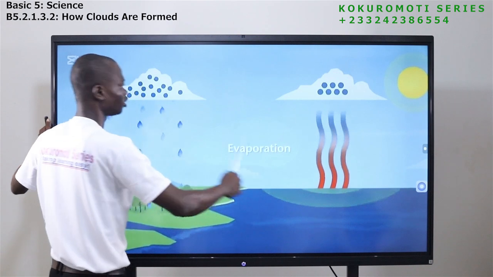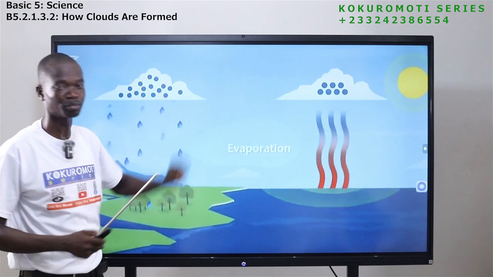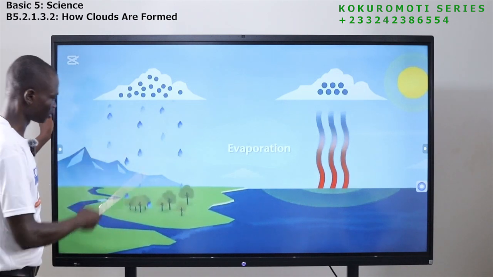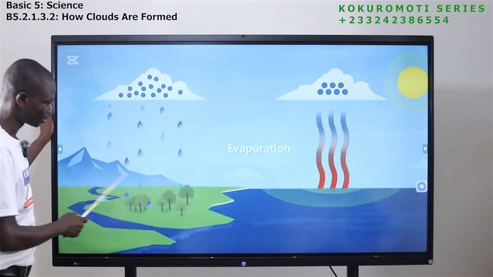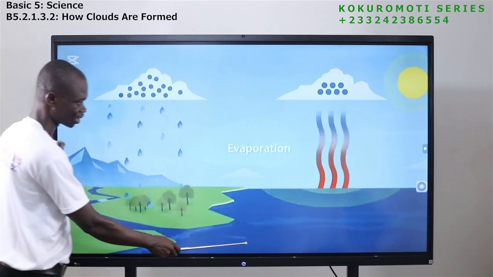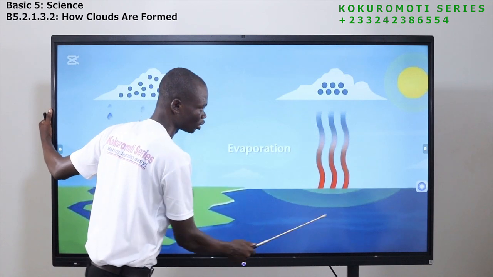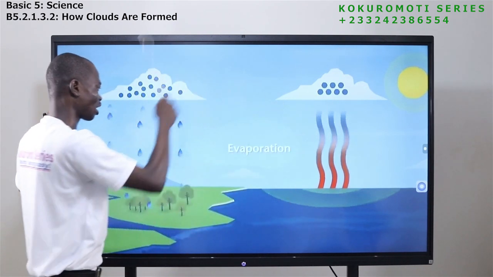also taking place here. When the content of the water in the atmosphere becomes so heavy, it comes down as rain. So you see it is raining here, it will get to the land and flow into water bodies. When it goes to water bodies, the sun will shine, heat up the water bodies, turn it into vapor, form clouds, and come down again.